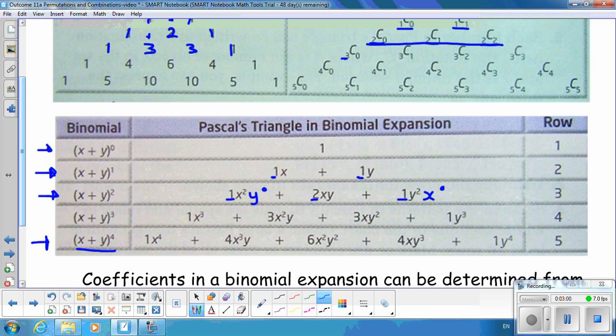So let's skip down to the fifth row here. We have (x + y) to the power of 4. Our coefficients come from the fifth row of Pascal's triangle, or from our combinations, where we're starting with n being 4.